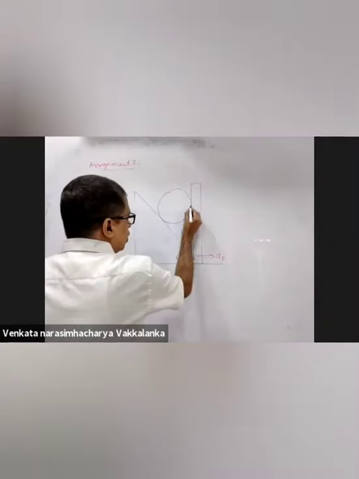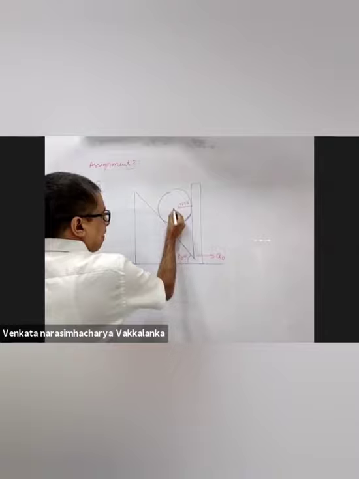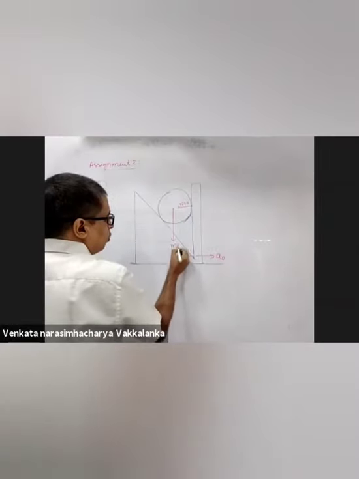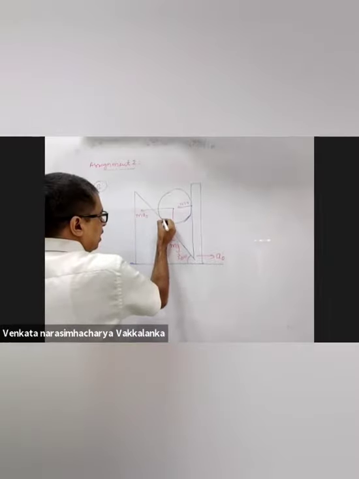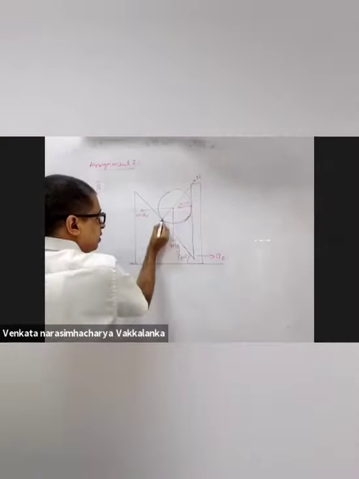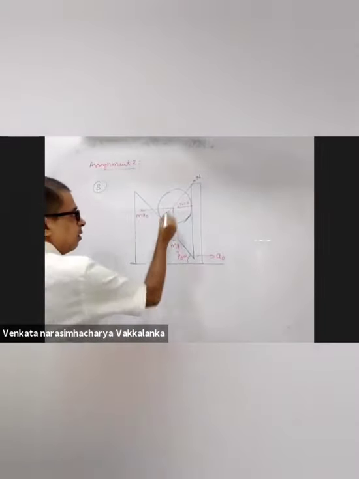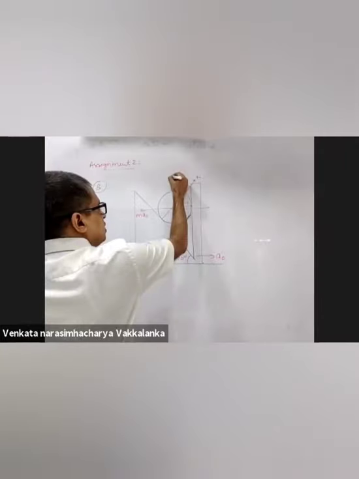If it should lose contact here, this normal force should become 0. I have an mg force this way. I have a pseudo force of m a naught. I have a normal force of N this way. This normal force here should become 0. Now have a look. This angle is theta.